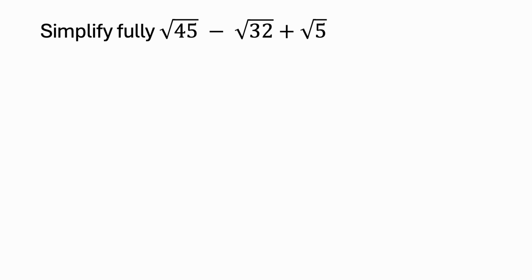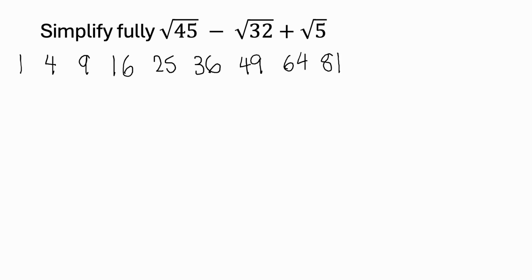So let's go from 1 to 10. 1 squared is 1, 2 squared is 4, 3 squared is 9, 4 squared is 16, 5 squared is 25, 6 squared is 36, 7 squared is 49, 8 squared is 64, 9 squared is 81, and 10 squared is 100. And then you have 121, which is 11 squared, and 144, which is 12 squared.